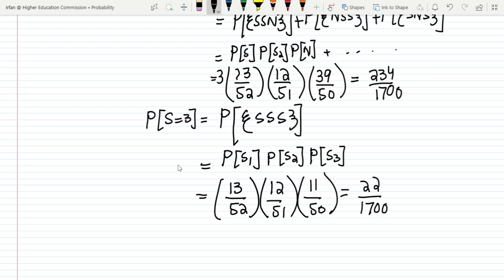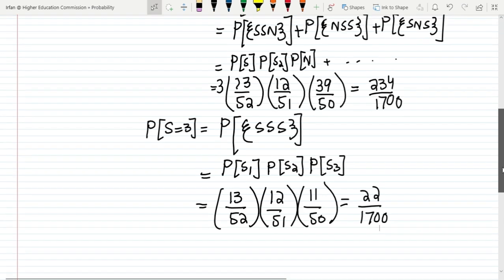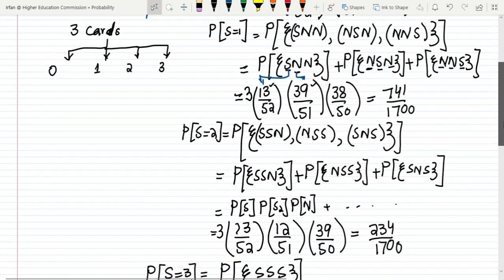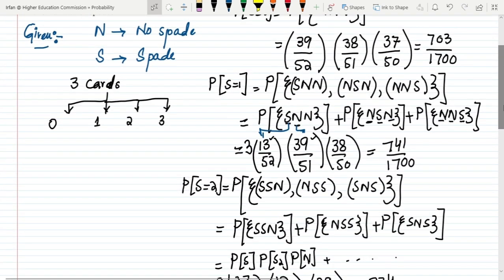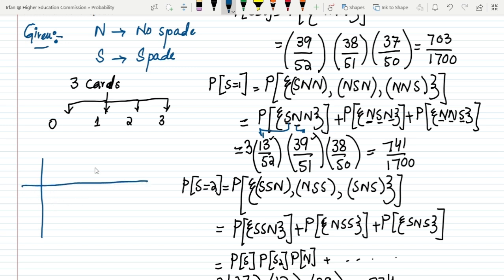So these are all the options we had here, and from them we have found all the ways in which we can get it. Now let me plot them here. Let me write their values with green.